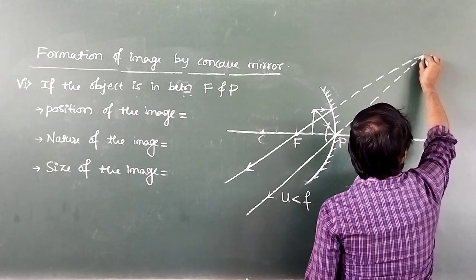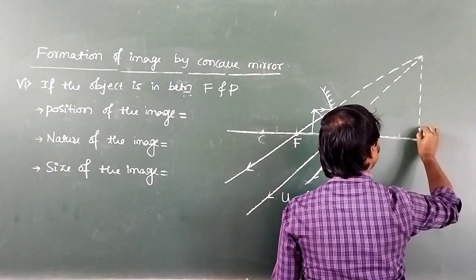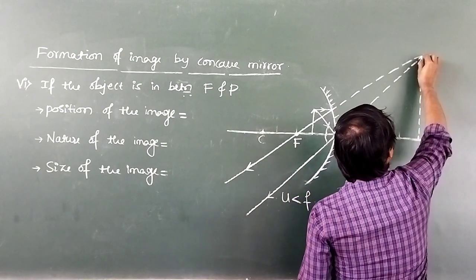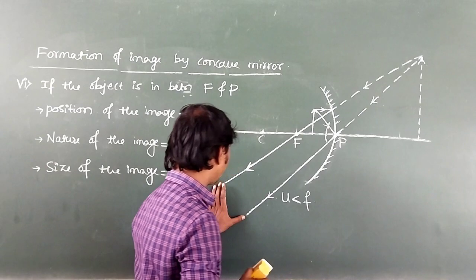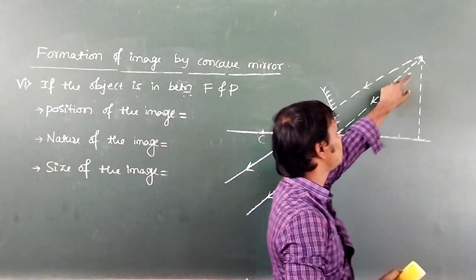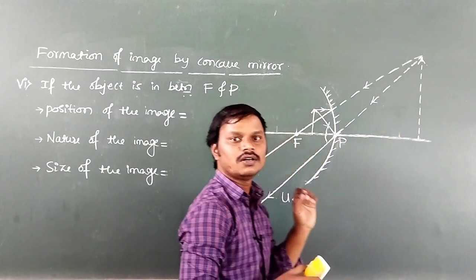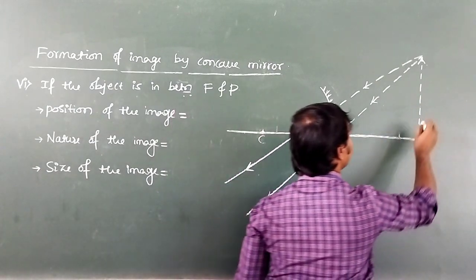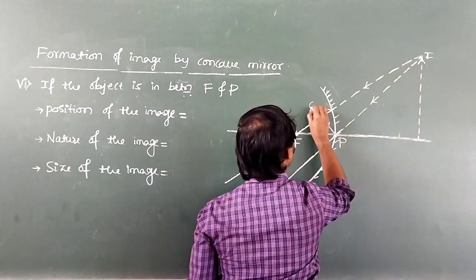So here we get the image of the object. It means these two reflected rays appear to have come from this position. Now it is the image of the object I and it is the object O.